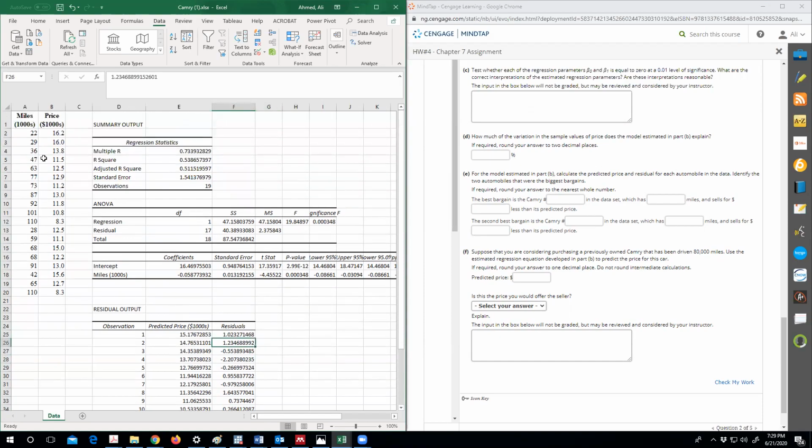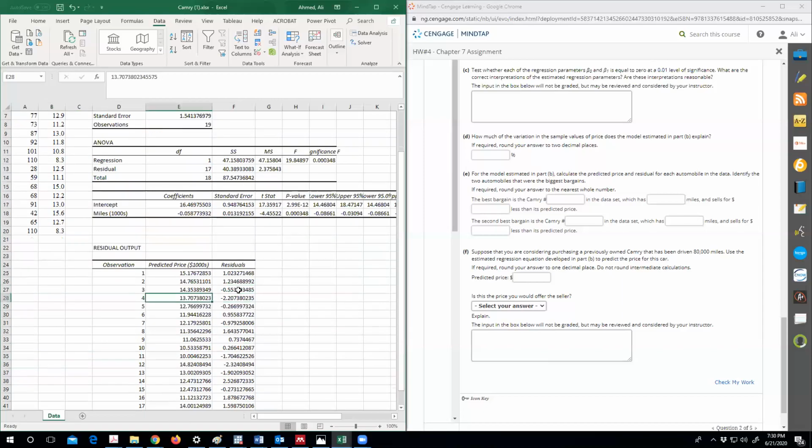For example, for the first one, the 22, we predicted a price of 15, and it's at 16.2 in the market, so this is a positive error. For the second, we are predicting lower, but it's at 16 in the market, so this is a negative.